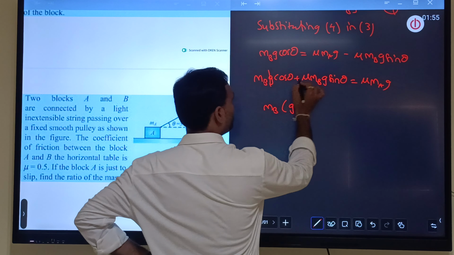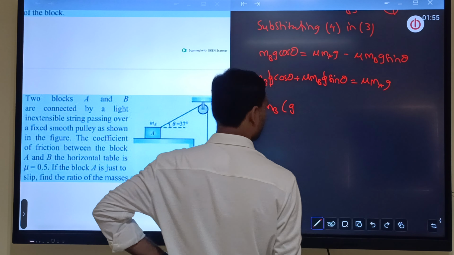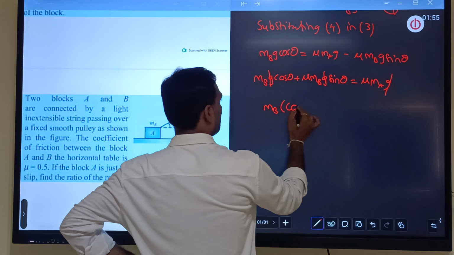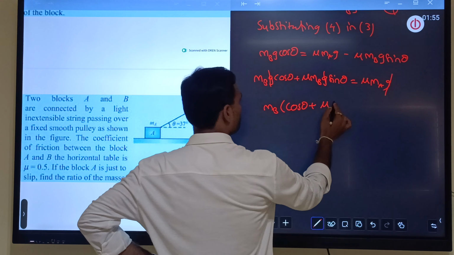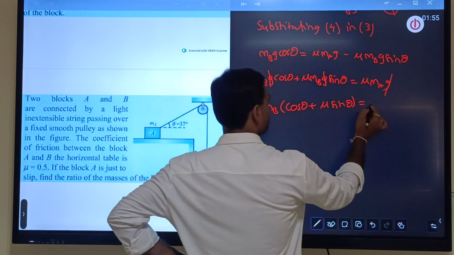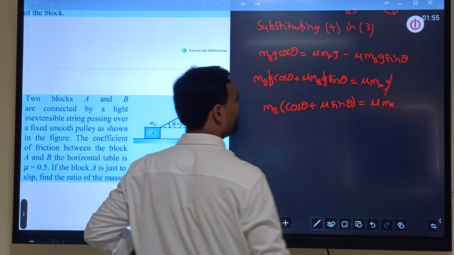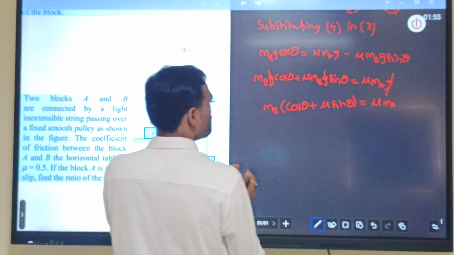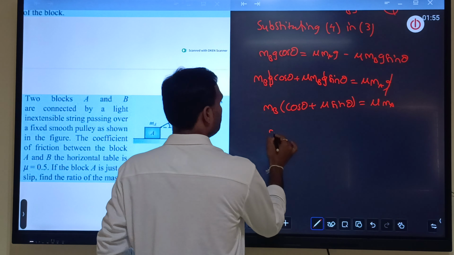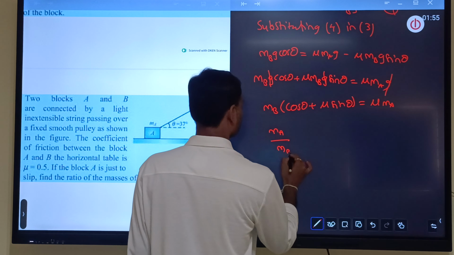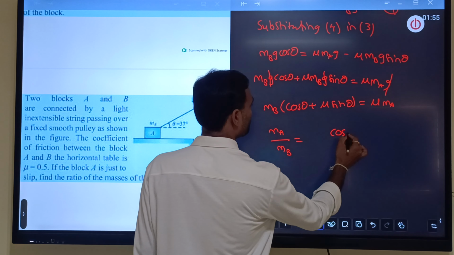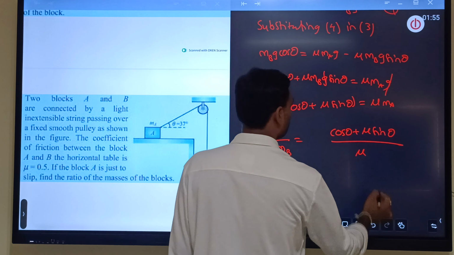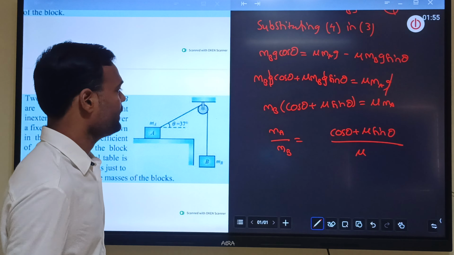G will get cancelled. Then cos theta plus mu sin theta is equal to mu ma by mb. Now ma by mb is equal to cos theta plus mu sin theta by mu. This is the required answer.